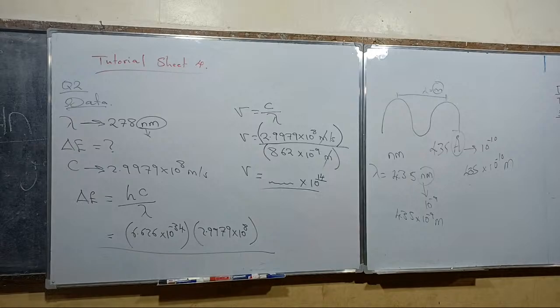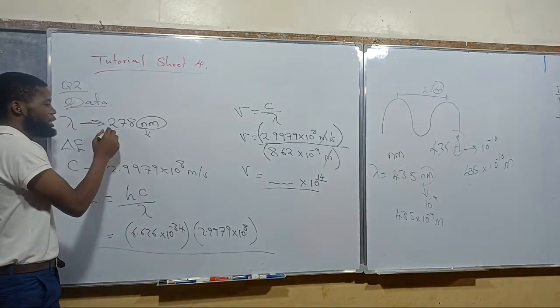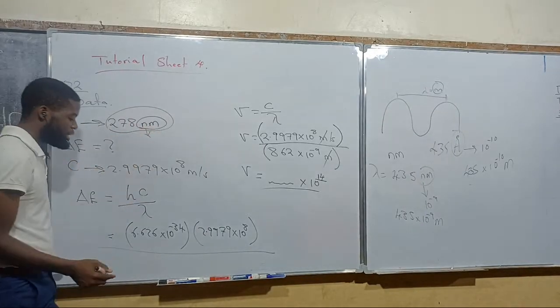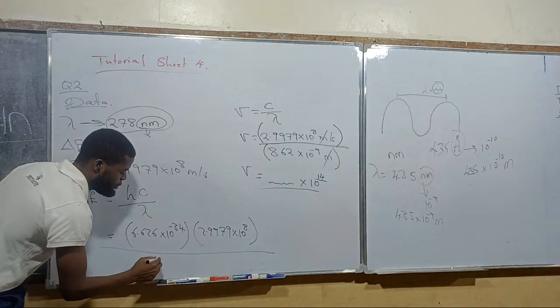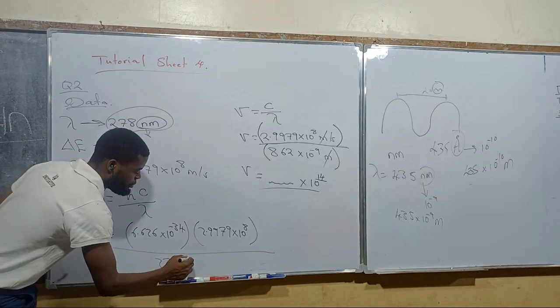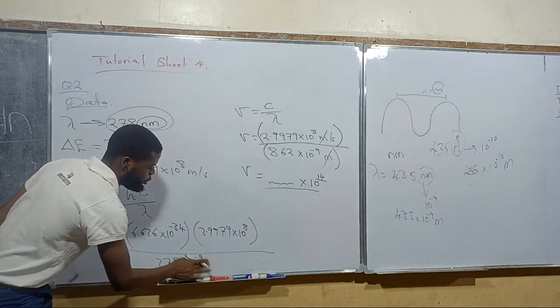Everything will be divided by our wavelength. And our wavelength has been given to be 278 nanometers. Converting it back to meters from nano, you get 278 times 10 to the power -9 meters.